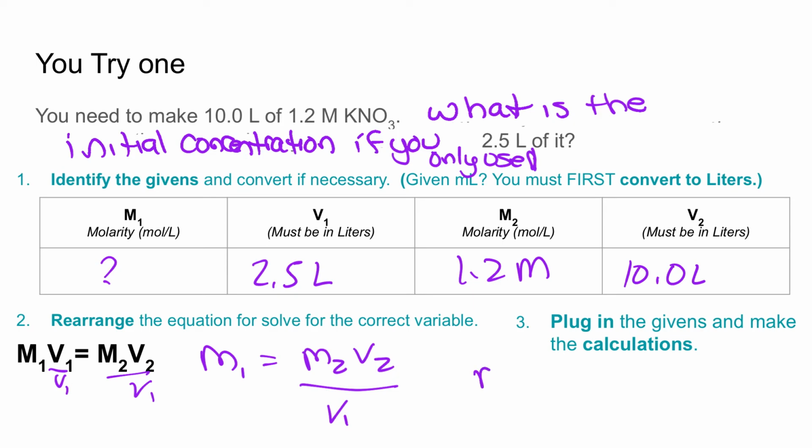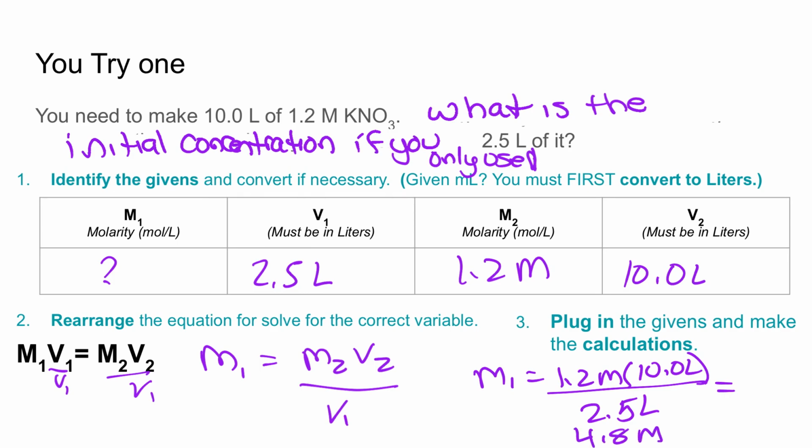I have M1 is equal to 1.2 molar times 10.0 liters divided by 2.5 liters. And when I perform those calculations, I get 4.8 molar solution. So the initial stock solution was 4.8 molar, and then you used it to make 10 liters in order to create a 1.2 molar solution.